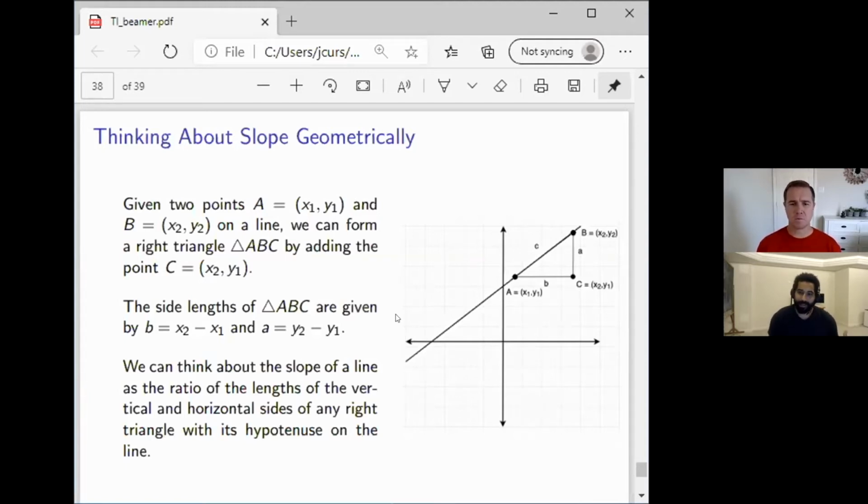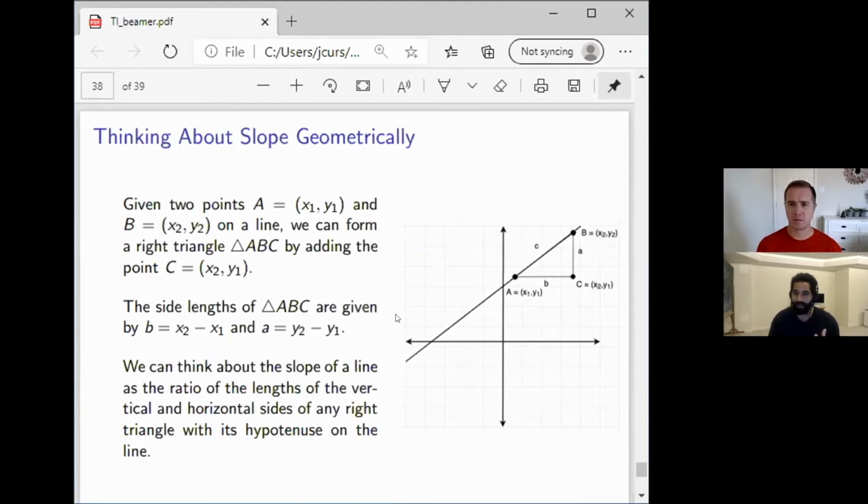So this is something we can play with. We take a line, we build a right triangle that has its hypotenuse on the line, and then we take the ratio of the vertical and horizontal sides, and this gives us the slope.